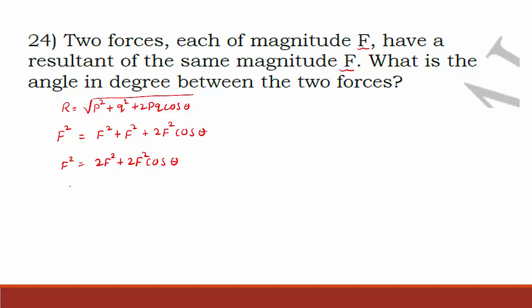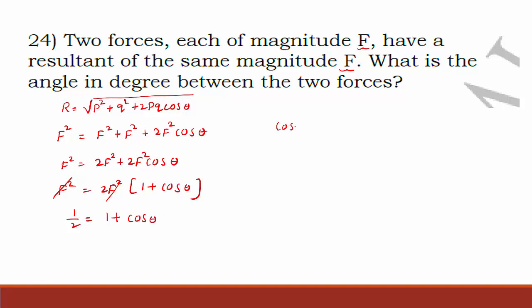Taking 2F square common outside, the remaining is 1 plus cos theta. F square gets cancelled, so 1 by 2 equals 1 plus cos theta.